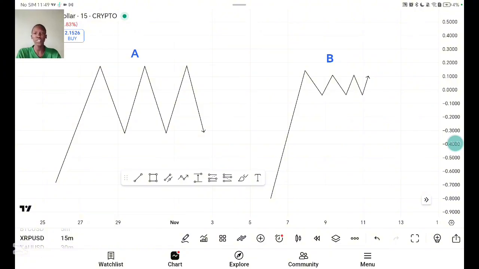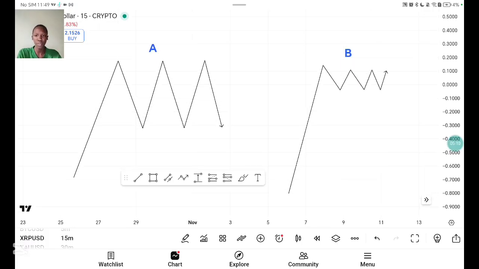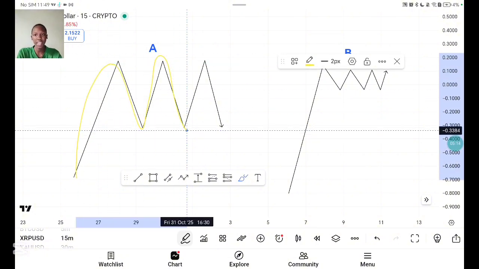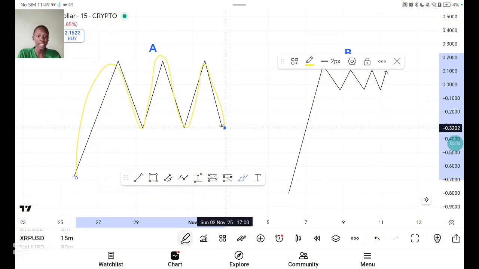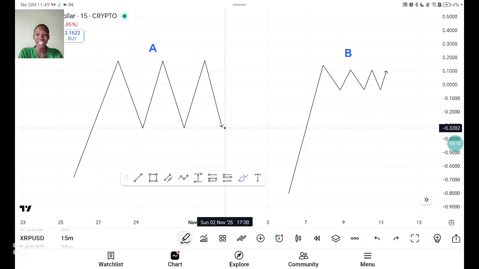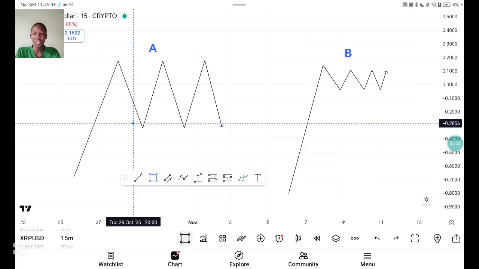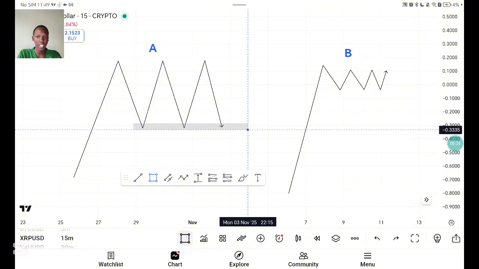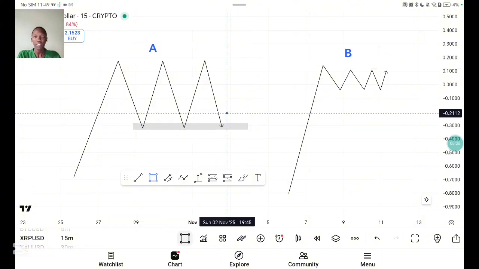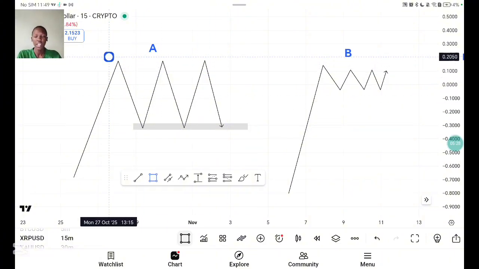In consolidation A, there will be more fake outs than in B. Once these consolidations are big enough, the smart money, the big banks and institutions, know that support and resistance traders are trading in it.